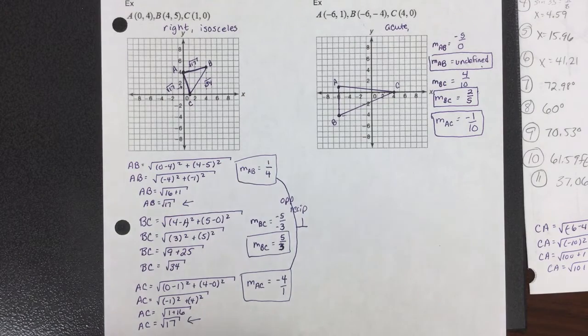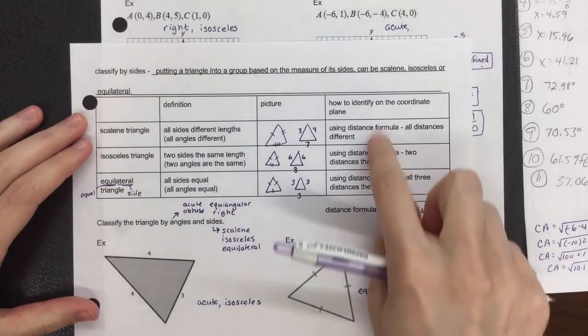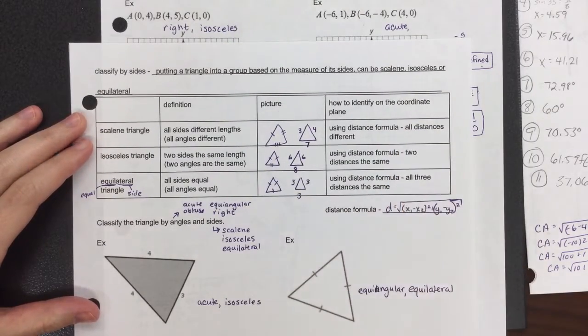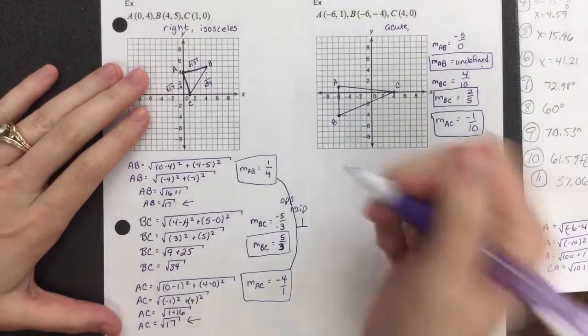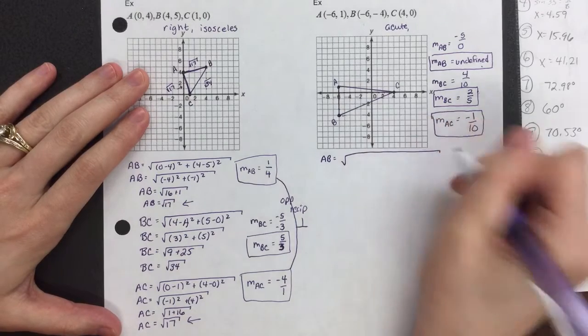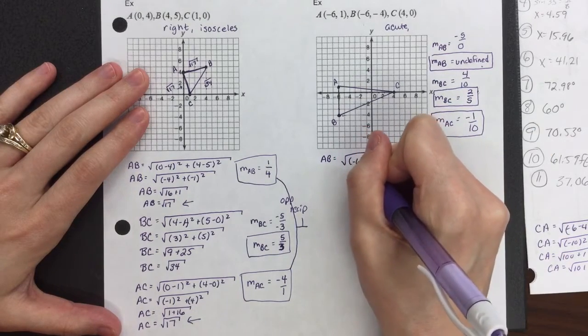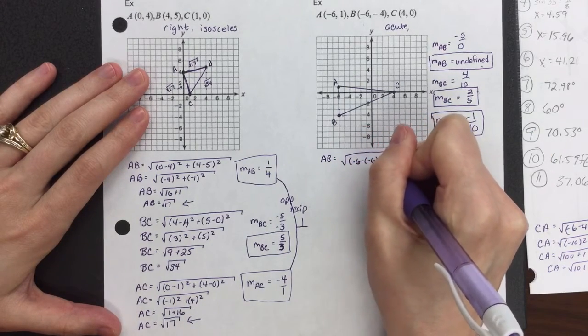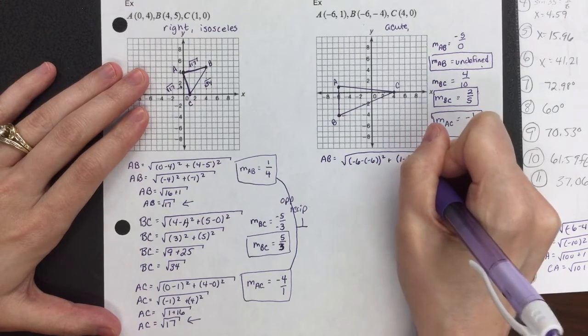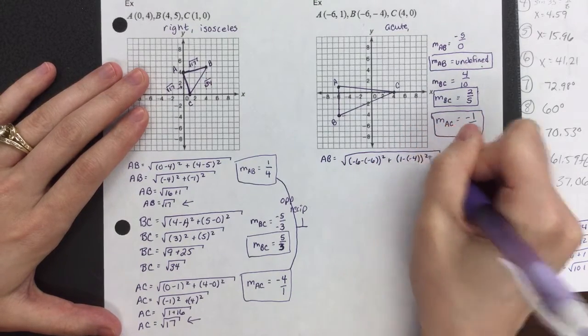And in order to classify by the sides, we need to use the distance formula and then compare to see if we have any that are the same. So if we do the distance formula for A to B, that's going to be equal to the square root of -6 minus -6 squared plus 1 minus -4 squared.